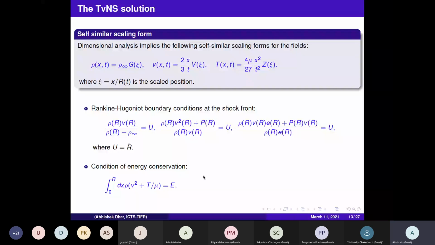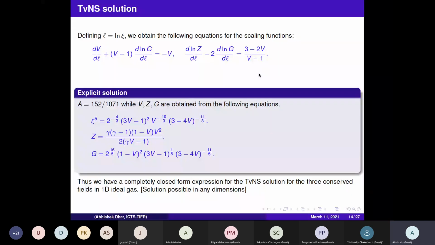So it turns out that once you write these ordinary differential equations, you can actually solve these equations exactly and find this g, v, and z, the scaling function. I won't go into the details, but one of the tricks is that you change from this z variable to the new variable L, and then write these ordinary differential equations in variable L, which can be solved.